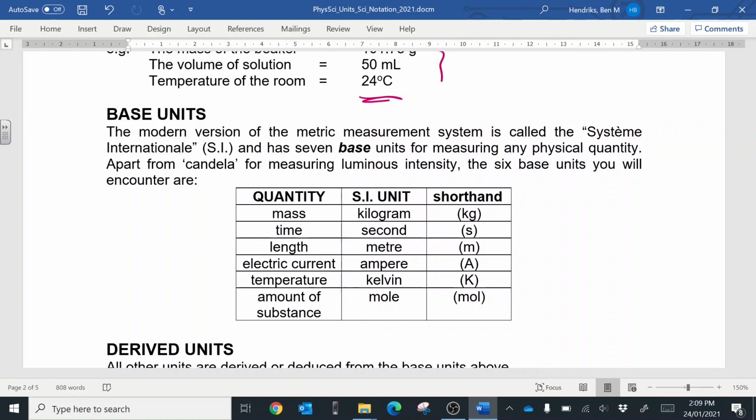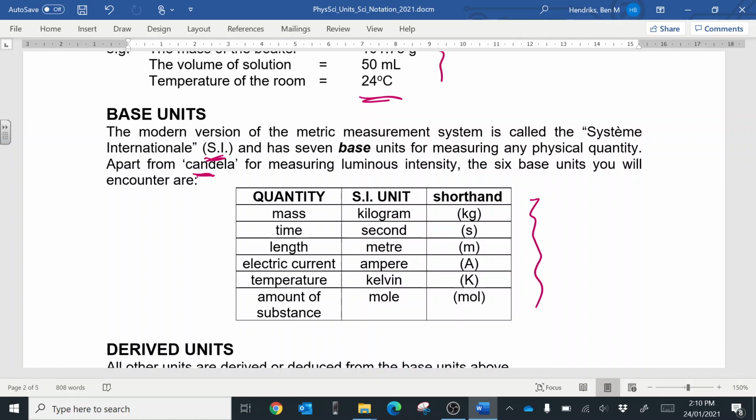So it's Système International, or SI, we just call it the SI units, and it has 7 base units for measuring any physical quantity. So here we have listed 6 of them, and we've left one out called candela, because that's for luminous intensity, and we don't use that in this course. So the 6 ones we will use in this course are these ones here.